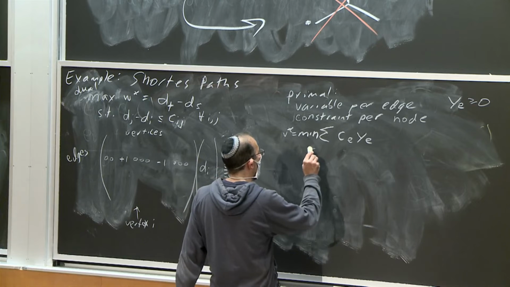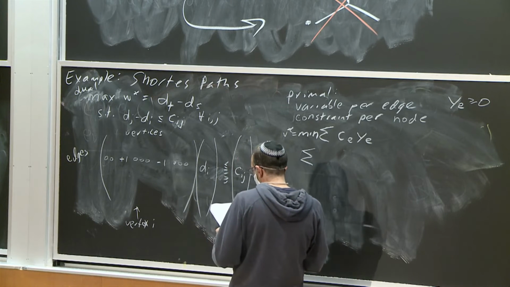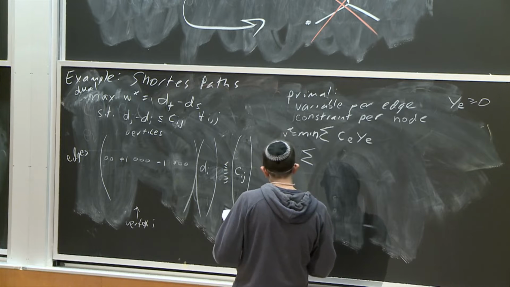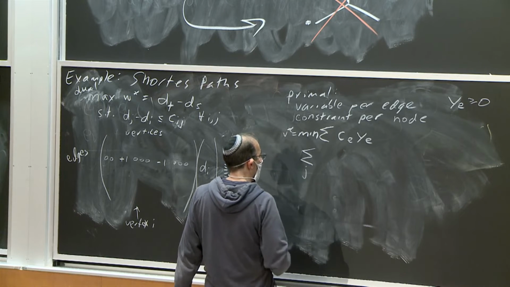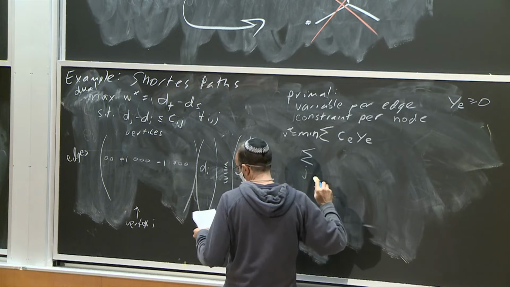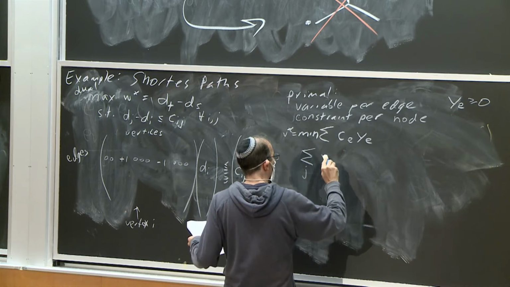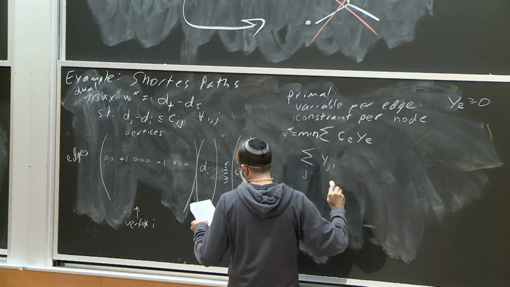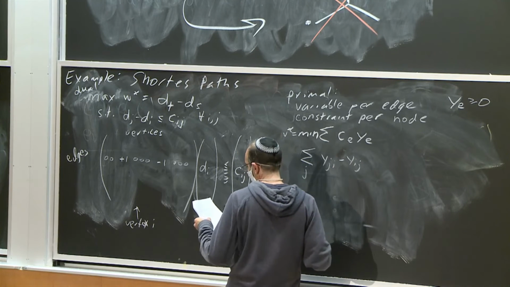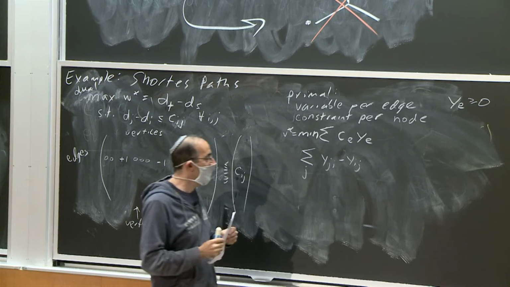So what I can say is that the sum over j's of, let's see, do I want to write it this way? This is not completely consistent with the notation I've been using so far, but I think it's the easiest way to understand what I'm talking about, right?